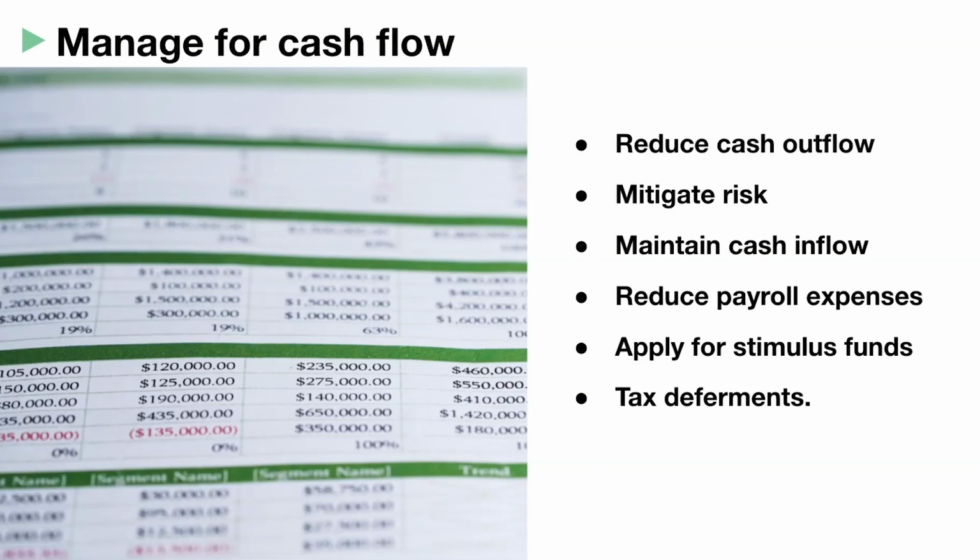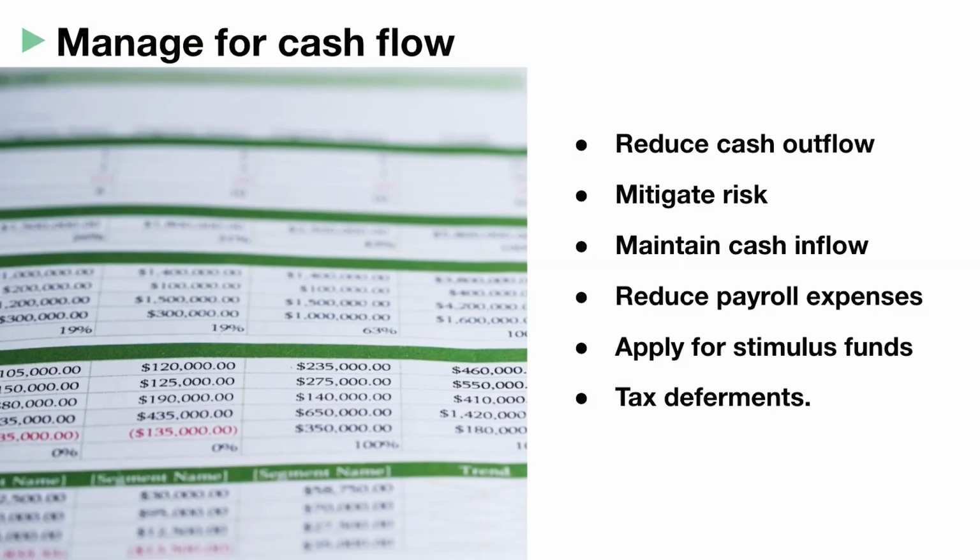This is about finding savings in your current expenses. What can you cut spending on? What are some expenses, for example, office stationery, memberships and subscriptions that could be cut or paused for the time being? Mitigate risk. Don't take on new unnecessary risks while trying to boost cash flow.